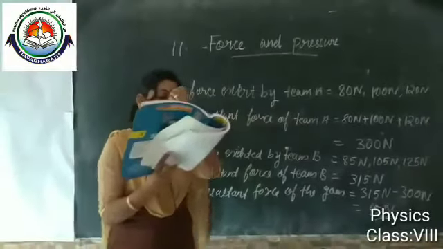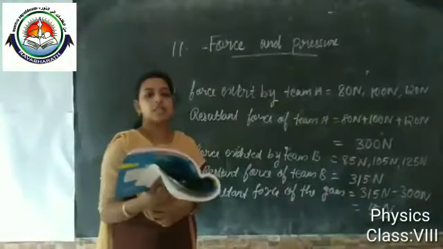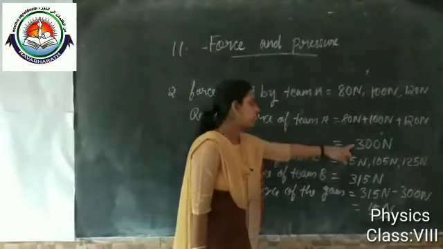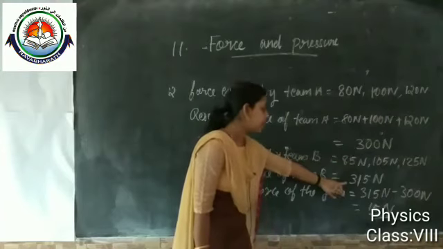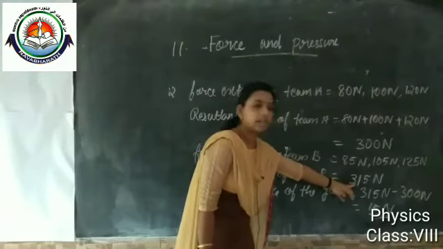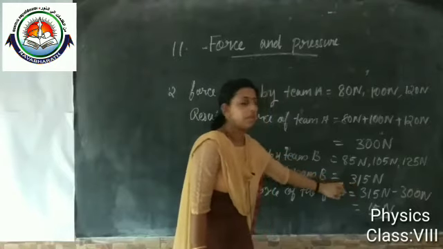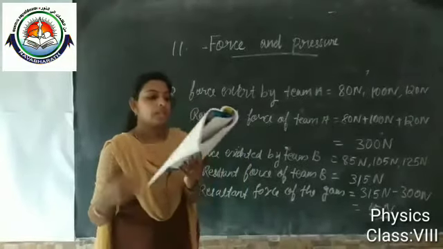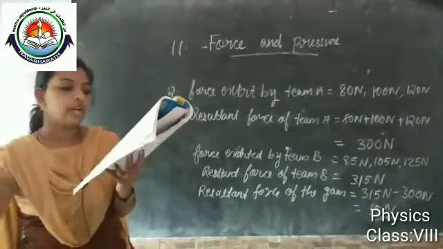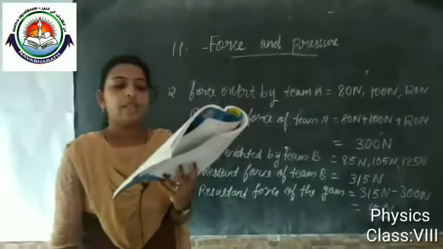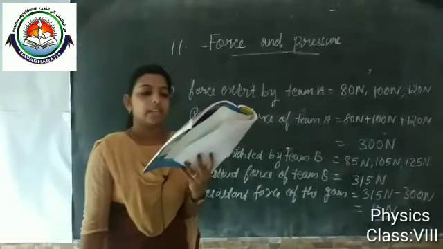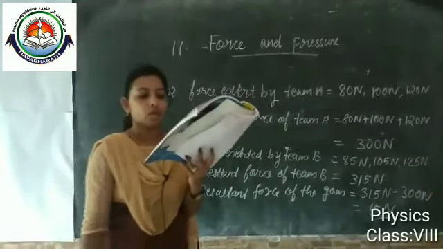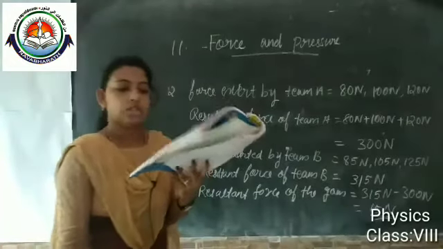So the second part of the question, which team is the winner? Team B, right? Team A has less resultant force, 300, less than 315. So the winner is team B. Are you clear? So the third one: a solid object weighs 250 Newton. When it is placed on a wooden plank, the area of contact is found to be 10 meter square. Find the pressure of the solid object on the wooden plank.